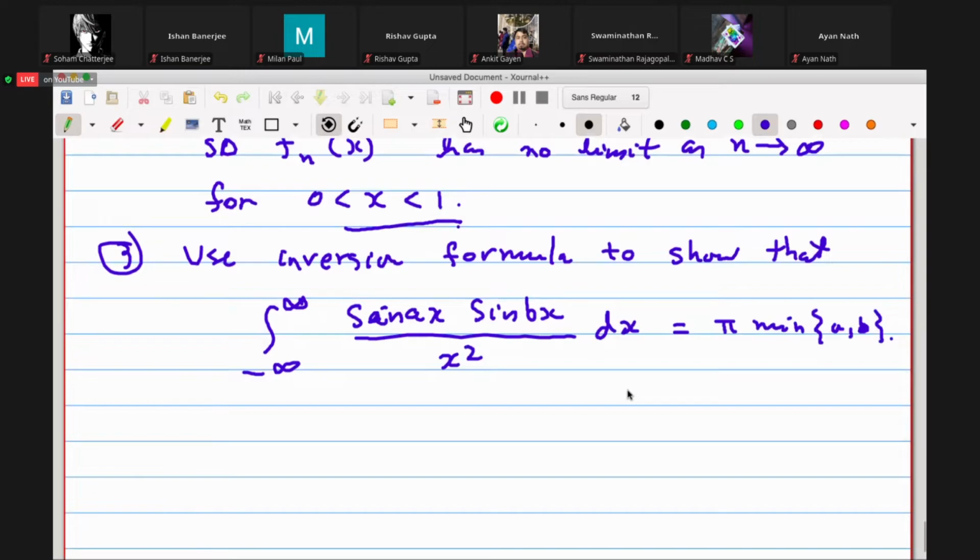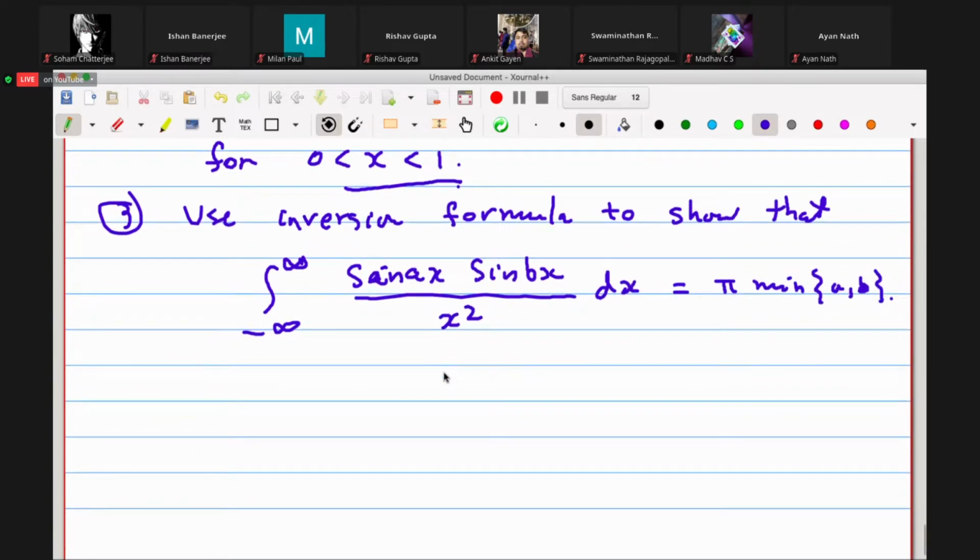So that suggests that somehow we have to realize this as the characteristic function of some random variable.